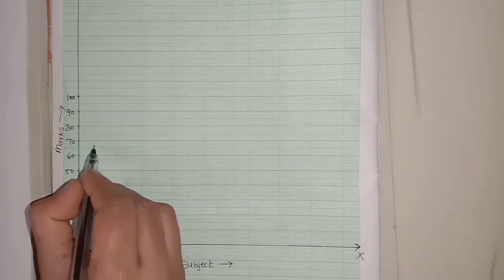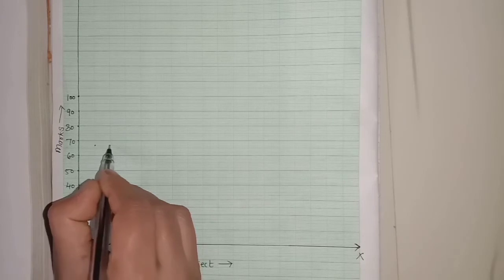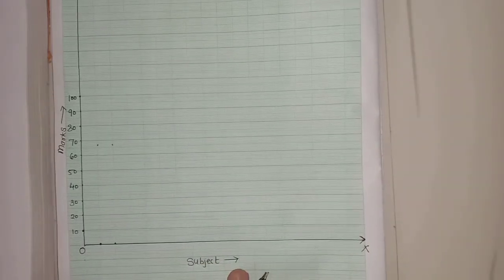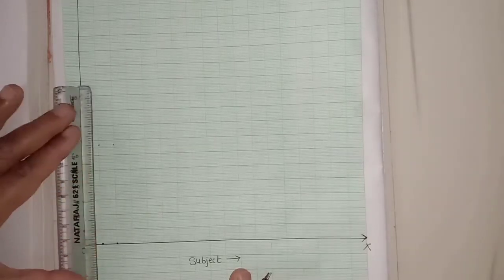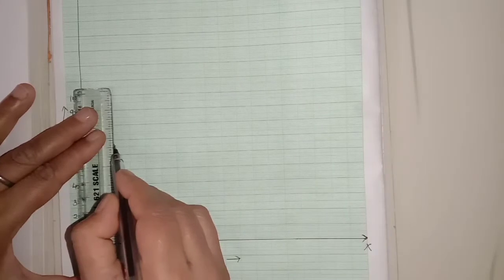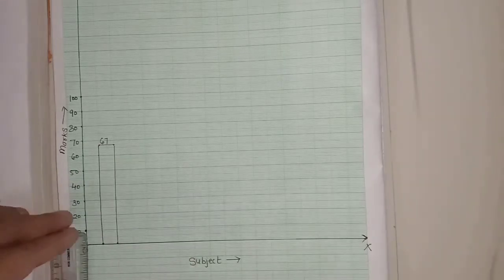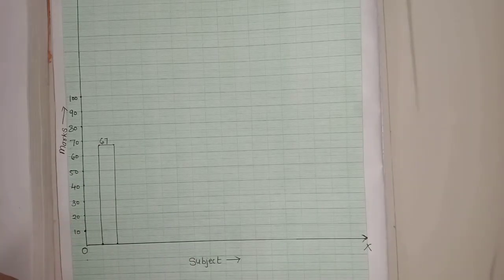So this one is my 7th line, and this 67 marks is of term 1. So we will make the first bar for the term 1 score, that is 67.